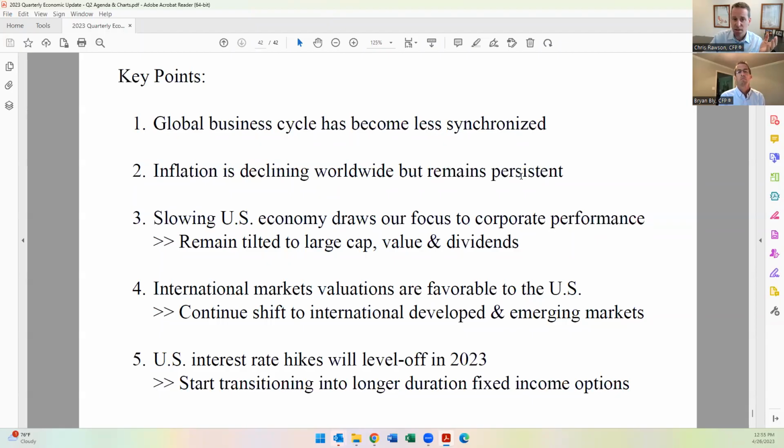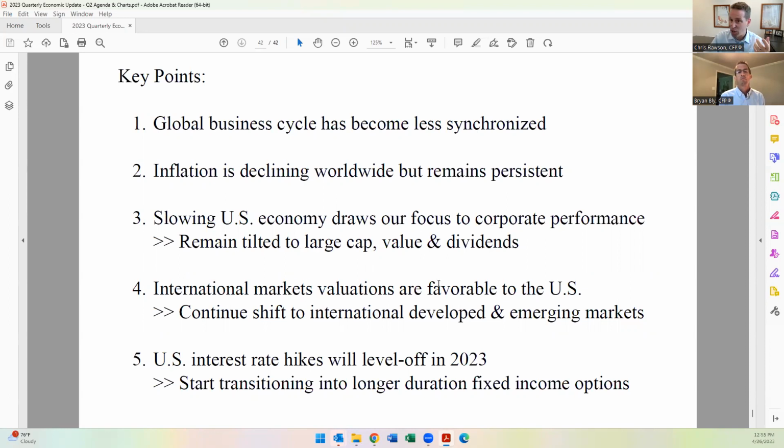Inflation is declining, but it's not declining that rapidly. But employees are getting paid well, and so they're taking their money and going out and spending it. In my mind it's like, inflation be damned, I'm going to spend money and have experiences. A slowing US economy draws our focus to corporate performance, focusing on larger companies and value and dividend paying companies.